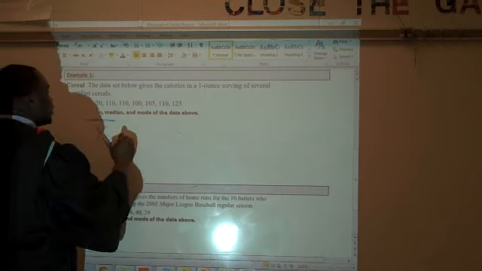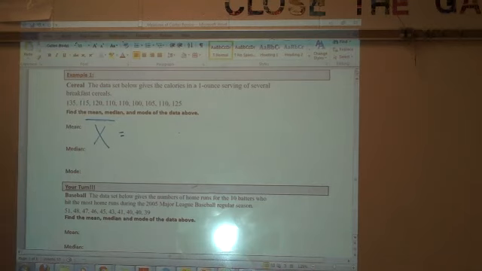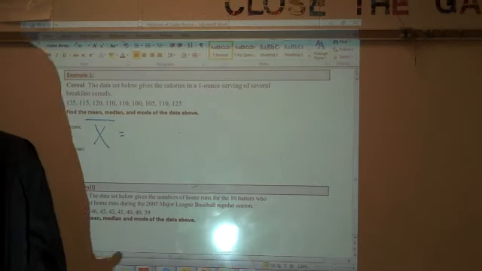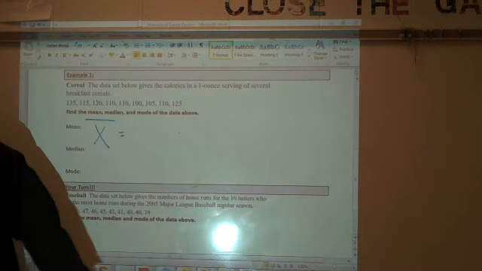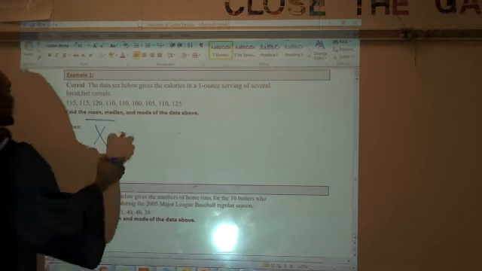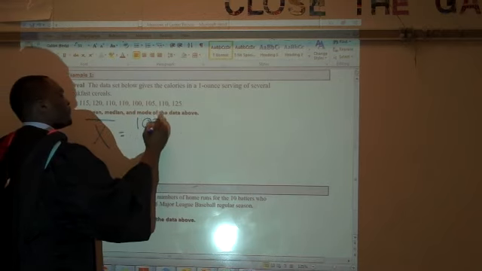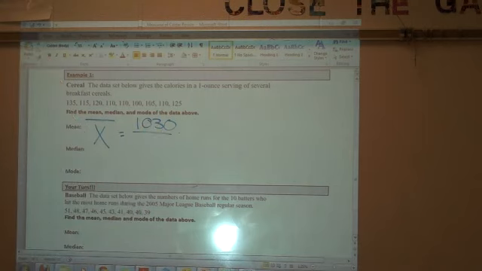That's going to be equal to whatever it is when I add up all these numbers. So I want you guys to pick up your calculators, whether that's your cell phone, or your calculator at home. I want you to add up 135 plus 115 plus 120. When you add up all those numbers, you're going to get 1,030. And then we're going to divide by the total number of observations that we have.